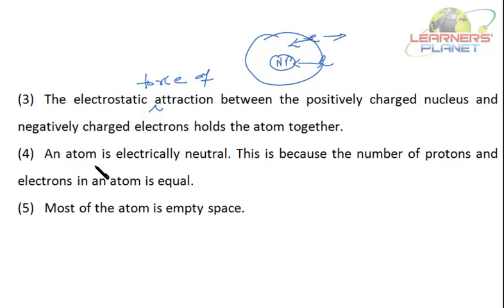An atom is electrically neutral. Why so? This is because the number of protons and electrons in an atom is equal. Most of the atom is empty space. How did he conclude this? Because most of the alpha rays passed straight through the atom.